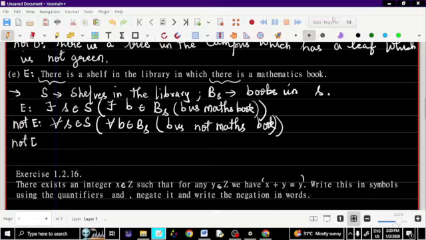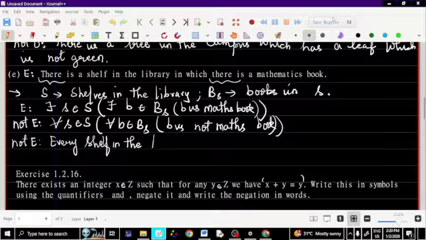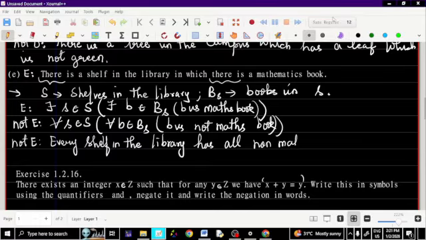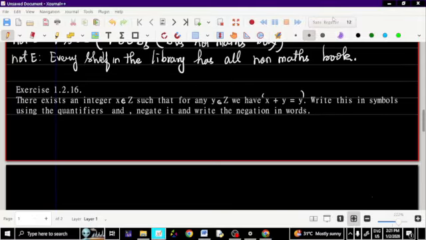So in plain English, every shelf in the library has all non-mathematics books. So all its books are, or you can say given any shelf in the library, it contains all non-mathematics books, right? So that is done.